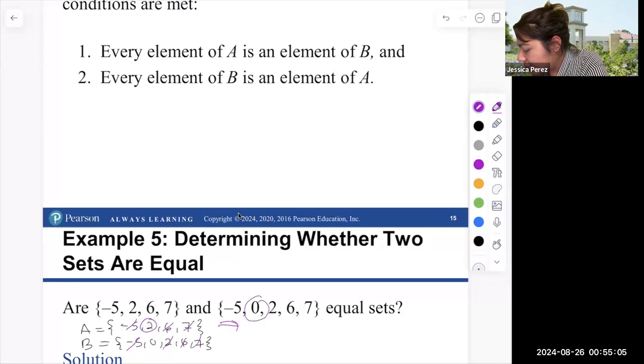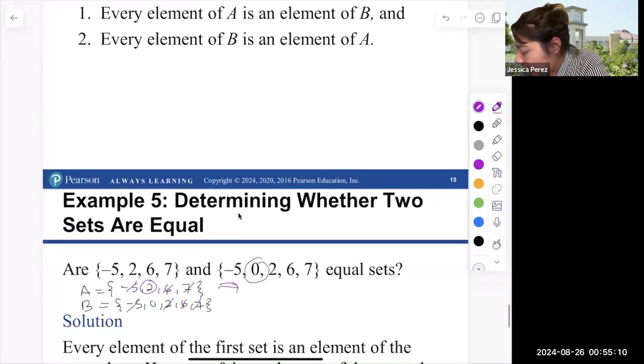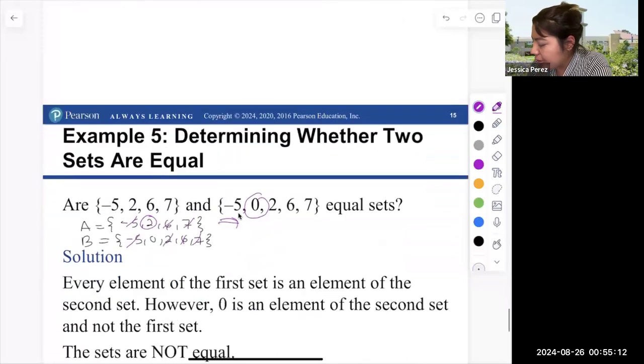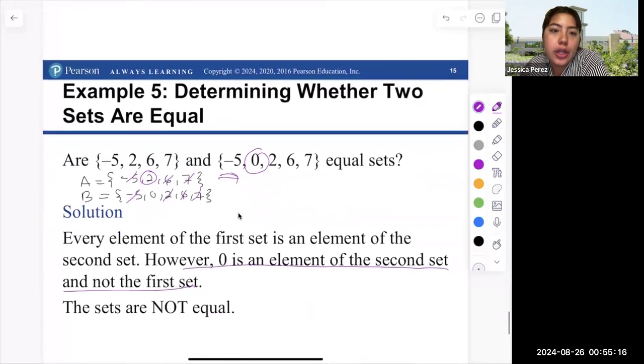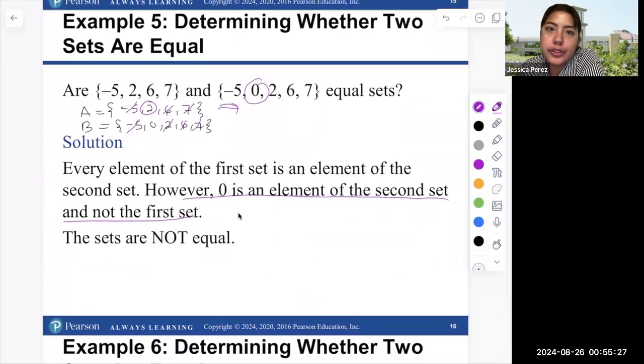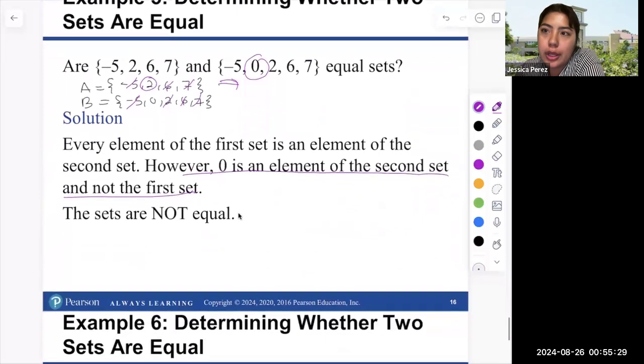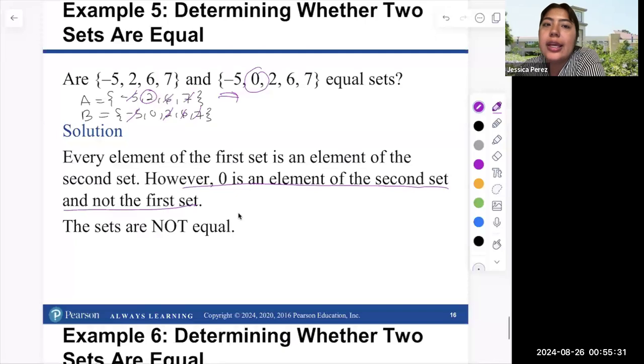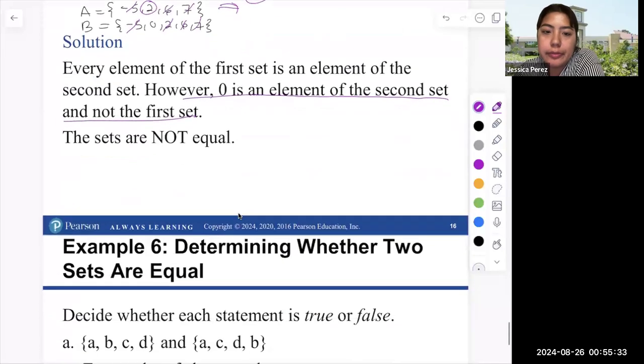I don't have a 0. Set B has a 0. However, 0 is an element of the second, but not the first. So these are not equal. If one of them misses, it doesn't matter. They are not equal. They must have identical elements. So in the first example, the two sets are not equal because they differ on the 0.